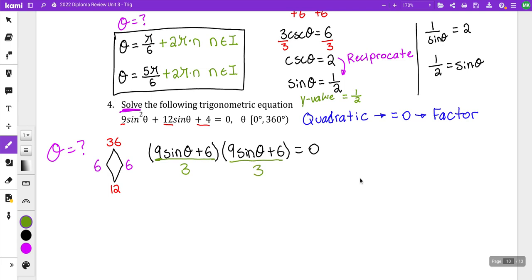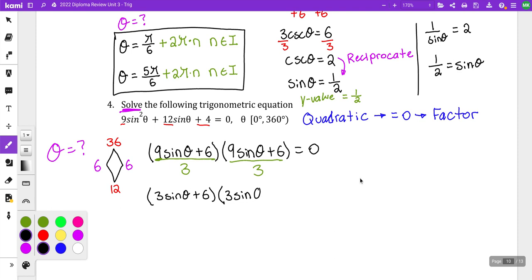That would give me a factor of 9 that I removed, and I now have 3 sine theta plus 6. You could write that as squared now. I'm going to keep them separate because that's what I like to do. It's plus 2, not plus 6. 6 divided by 3 is 2, not 6.